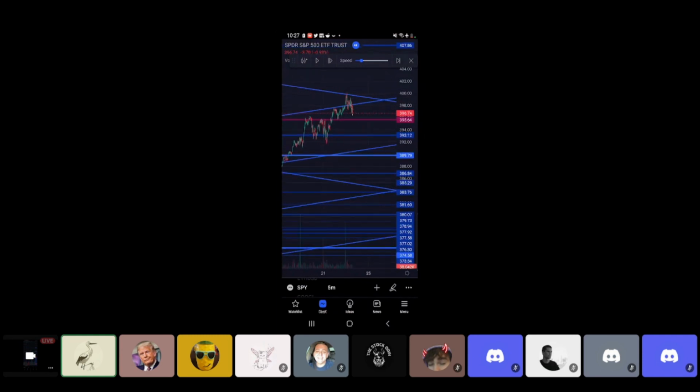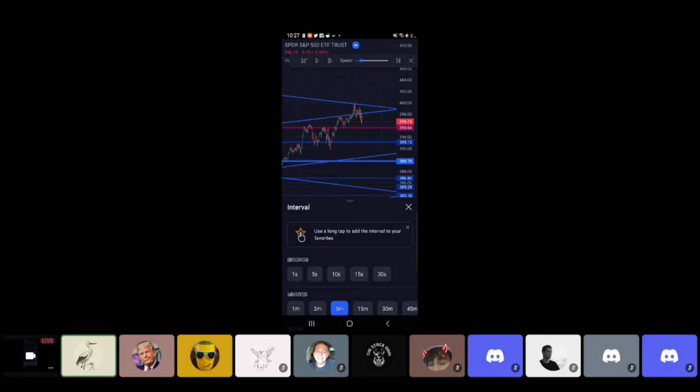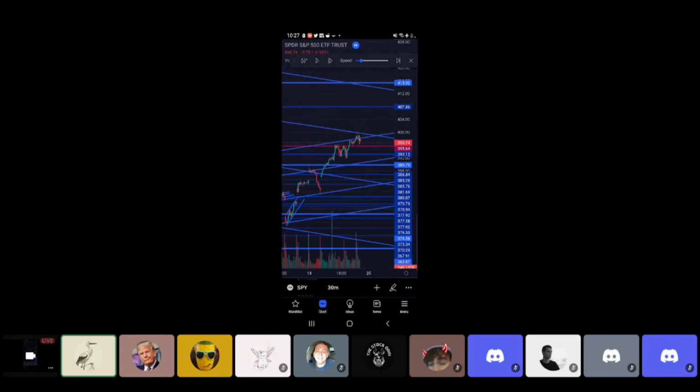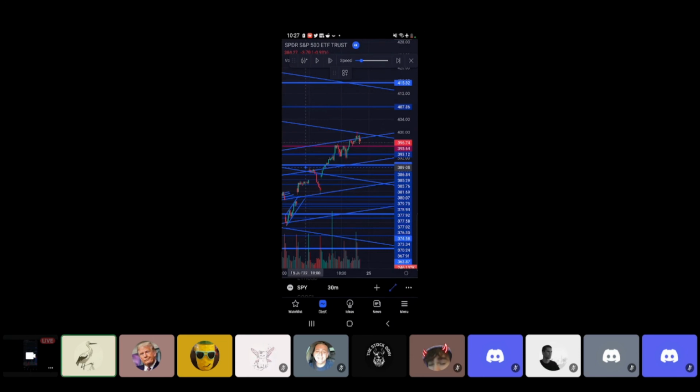If you're a scalper, you want to go into the 5, 10, 15, 1 minute type charts. If you're more of a swinger, you want to go into like the 30-minute and see where the top of the channel may be, so you get a longer swing on it. For example, if you're going to play a longer swing, you have these type of moves here, and you could hone into where your bottom will be.